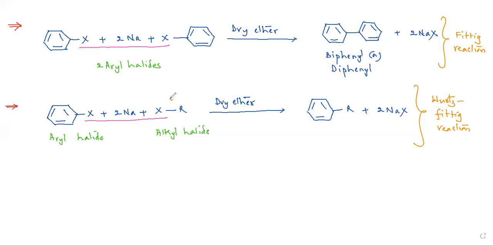Interesting. You got alkyl halide, you got aryl halide. Only alkyl halides is Wurtz, only aryl halides is Fittig. Alkyl as well as aryl halides is Wurtz-Fittig. Right. Now let me also give you Wurtz reaction.